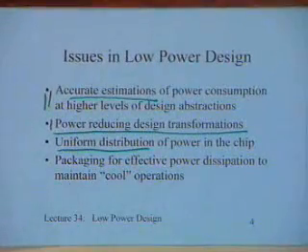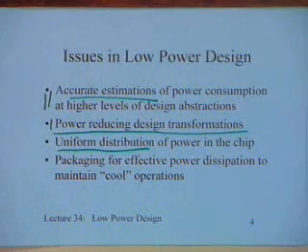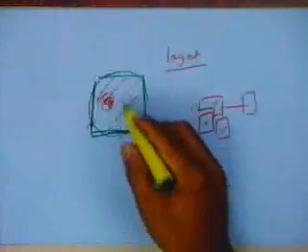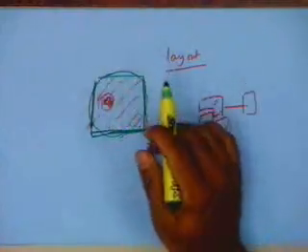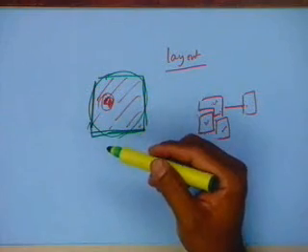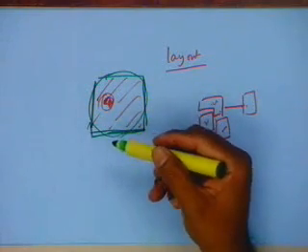The fourth is more related to materials as well as areas related to packaging. Agreed that we had to dissipate 3 watts and we have also distributed it, but the chip is going to become very hot, so how are we going to cool this chip?